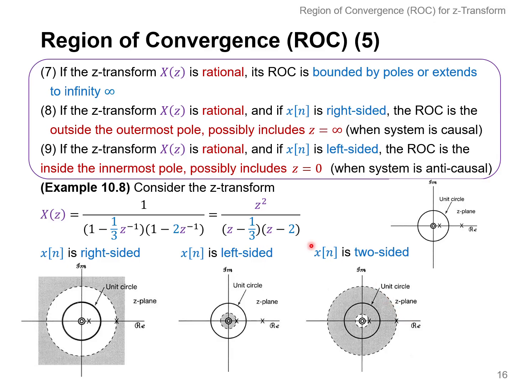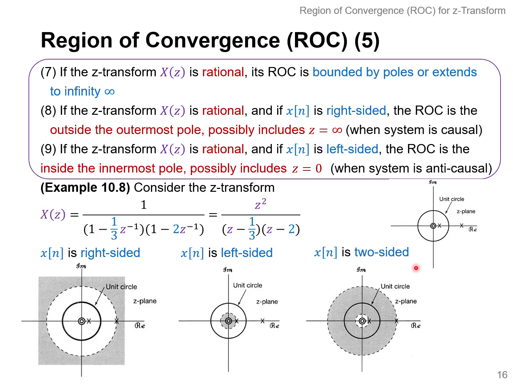Now we look at example 10.8. We have a Z transform with poles at 1/3 and 2, and two zeros located at 0. These points appear on the Z-plane.